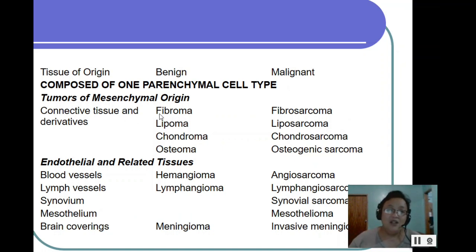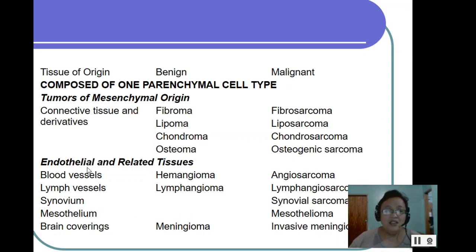So you have fibroma as the benign. It becomes fibrosarcoma if it's malignant. Notice that if it's mesenchymal and malignant, you add the suffix sarcoma. Lipoma, benign, liposarcoma. Chondroma or cartilage, chondrosarcoma. However, osteoma is now osteogenic sarcoma.